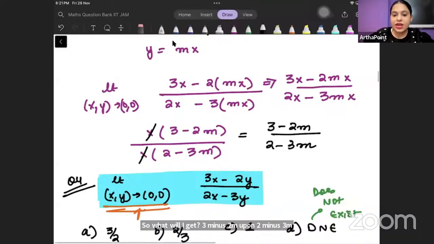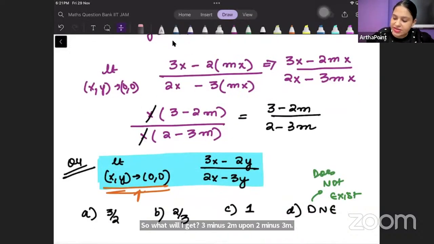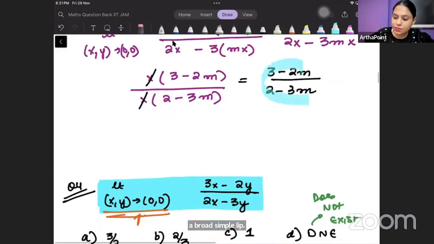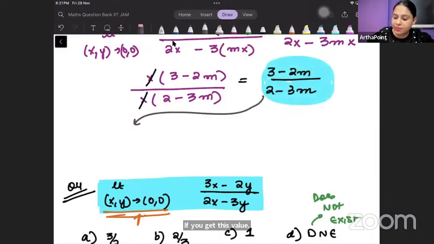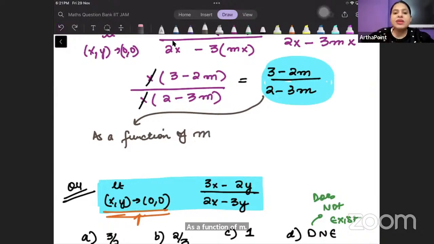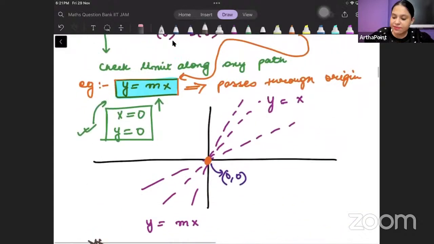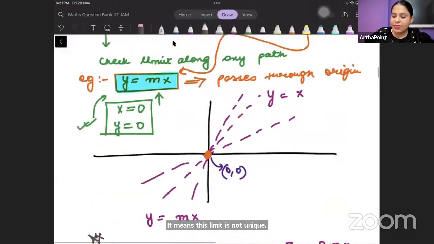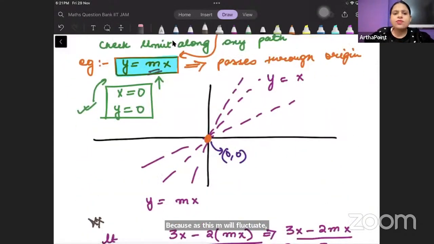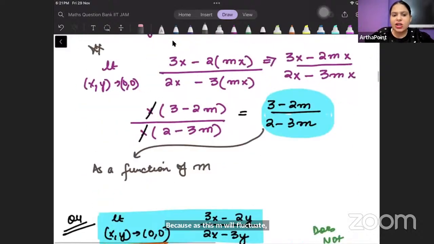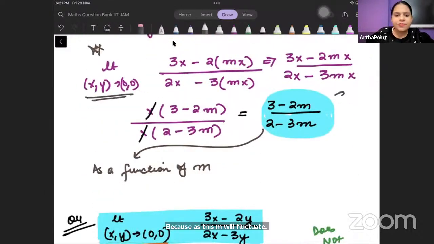अब बहुत simple है. If you get this value as a function of m, it means this limit is not unique. Because as this m will fluctuate, जैसे जैसे ये m अलग अलग value लेगा, 1, 2, half, the value of the limit will also fluctuate.